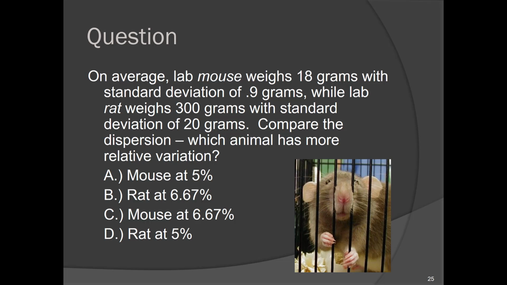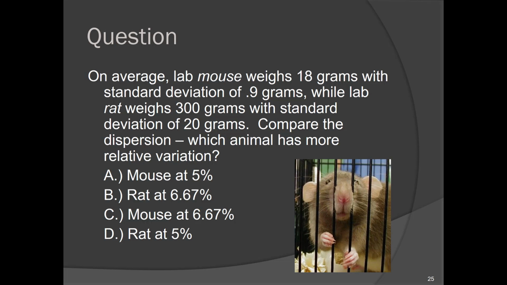Okay, so what if we had this question? A lab mouse weighs 18 grams with a standard deviation of 0.9 grams on average, while the lab rat weighs on average 300 grams with standard deviation of 20 grams. So they're in the same units, but notice the means are very different, 18 grams and 300 grams. So compare the dispersion, which animal has more relative variation.